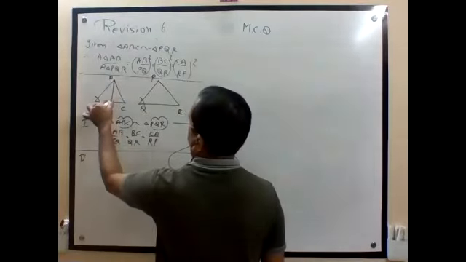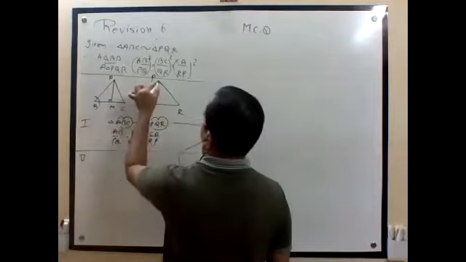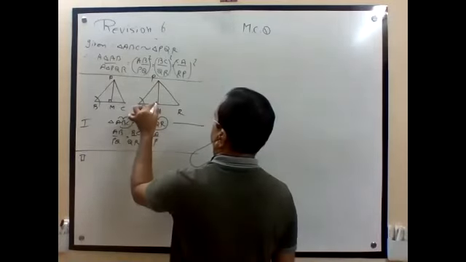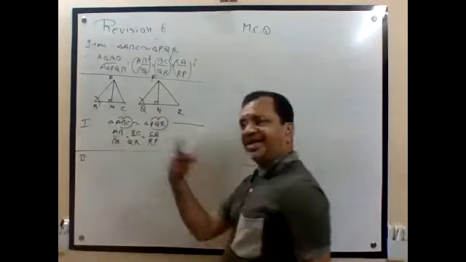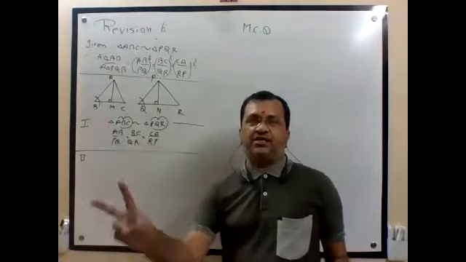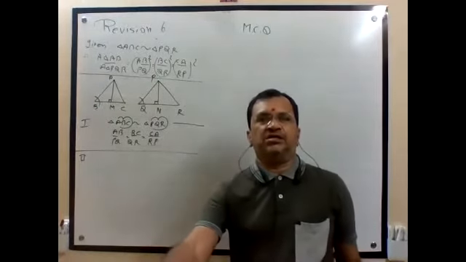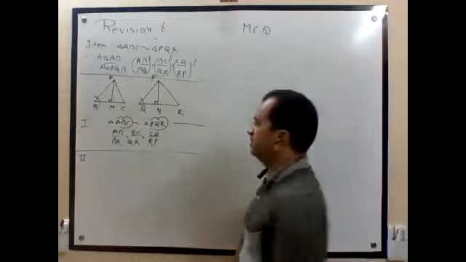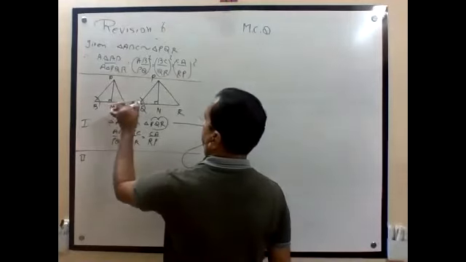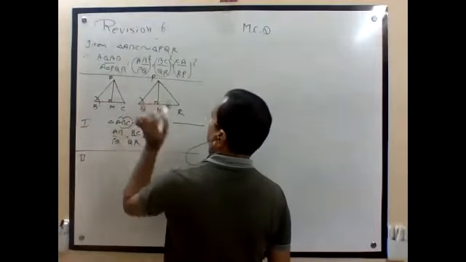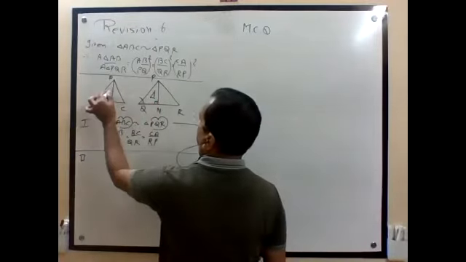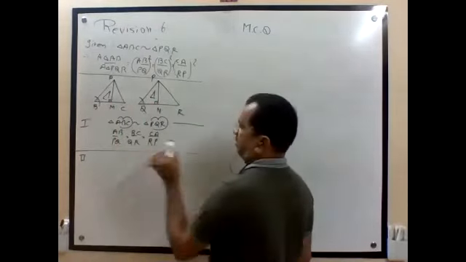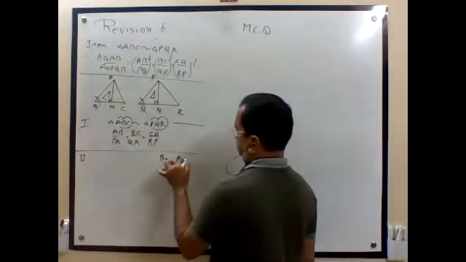Triangles are similar, draw this M, draw this N. Previously I have told that if in two triangles, two angles are congruent, both are similar by AA test. So one angle congruent, second angle congruent. So in this triangle and in this triangle, you have to prove it by AA test.